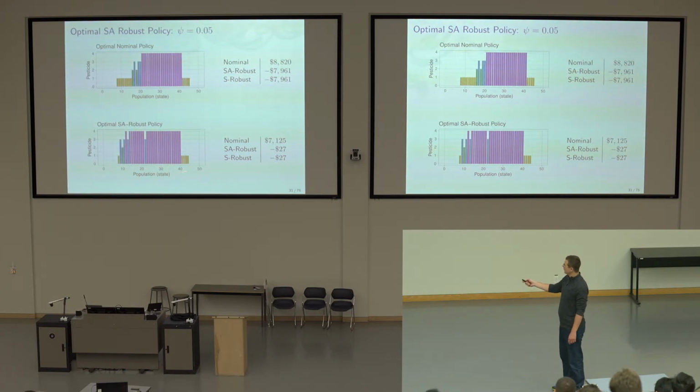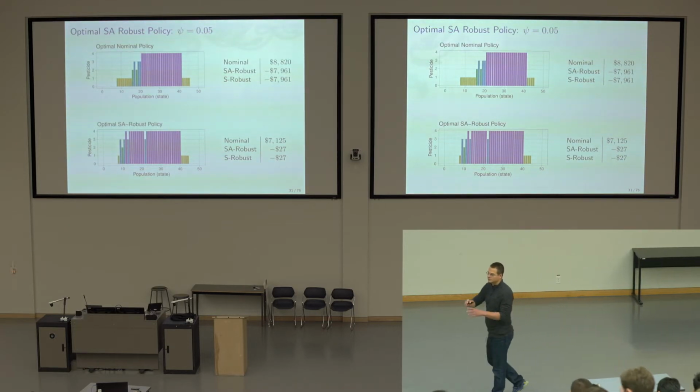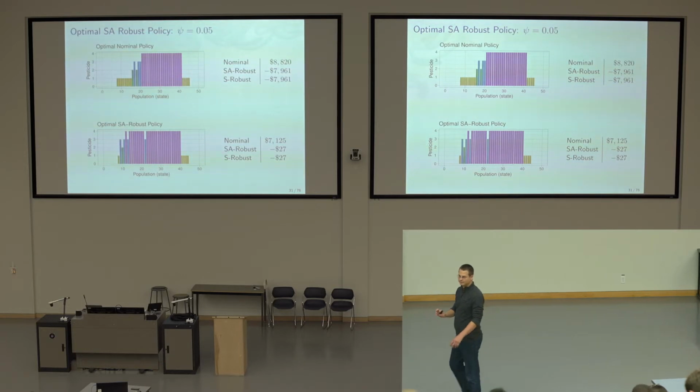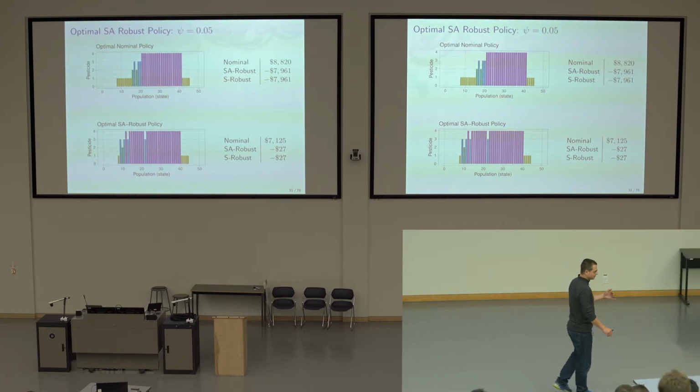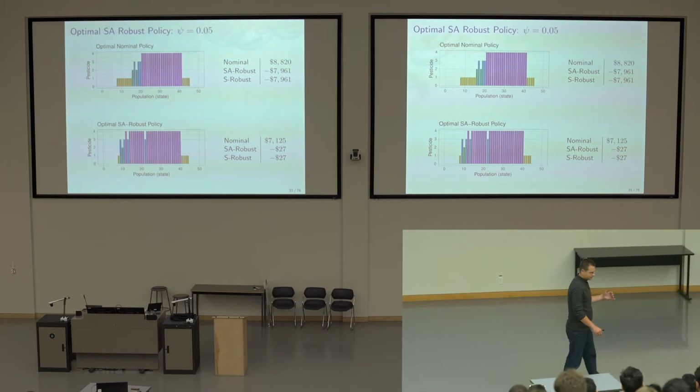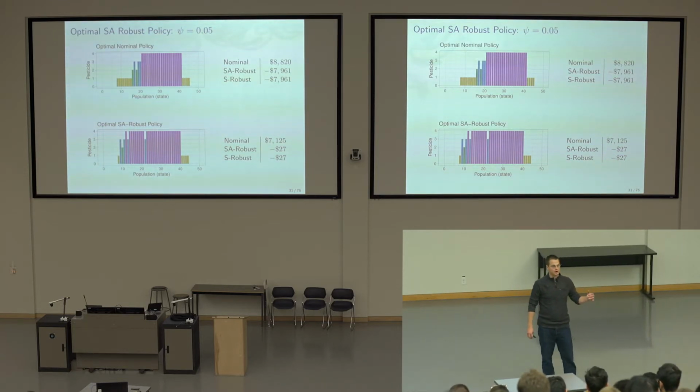If you look at what the policy does, it switches to the more powerful pesticides earlier on and gives up a little bit earlier, because we're trying to mitigate the uncertainty. So you give up just a little bit in solution quality if your model is correct, but you get quite a bit of improvement if your model is wrong.